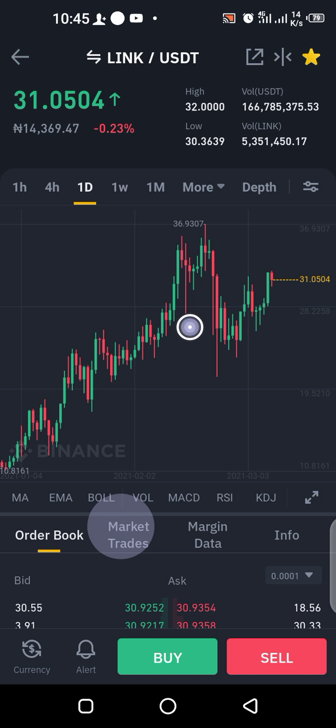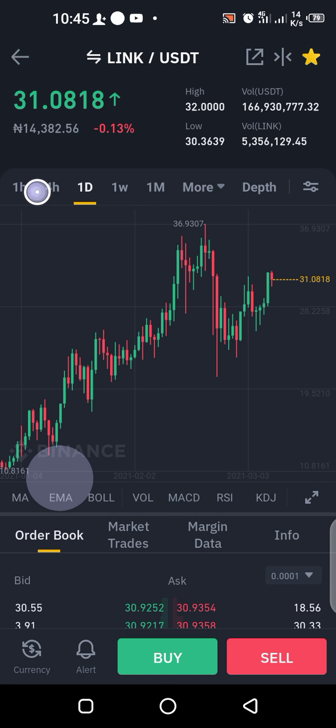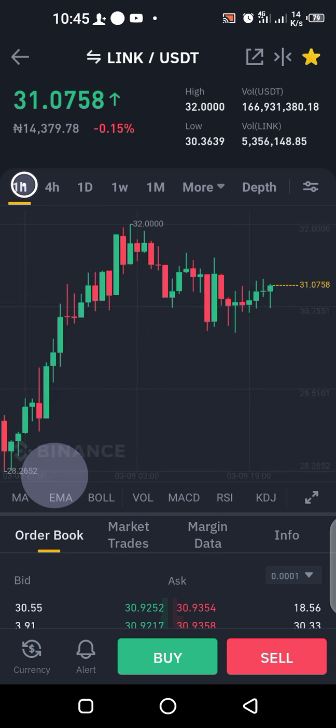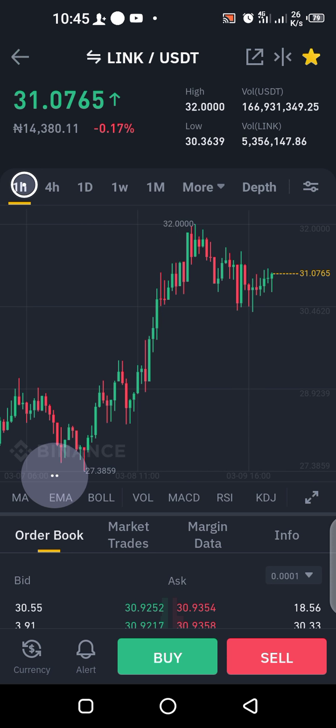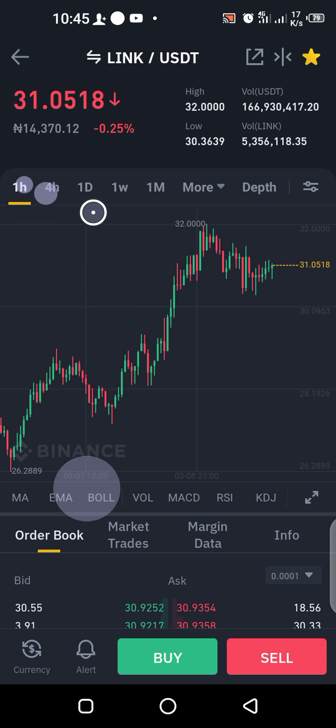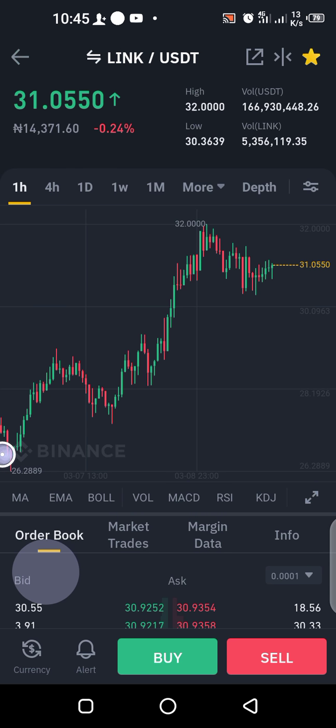Now, before we include indicators, let me switch to the 1 hour chart and show you. As you can see, this is a support level, this is a resistance level. It forms another support level here.